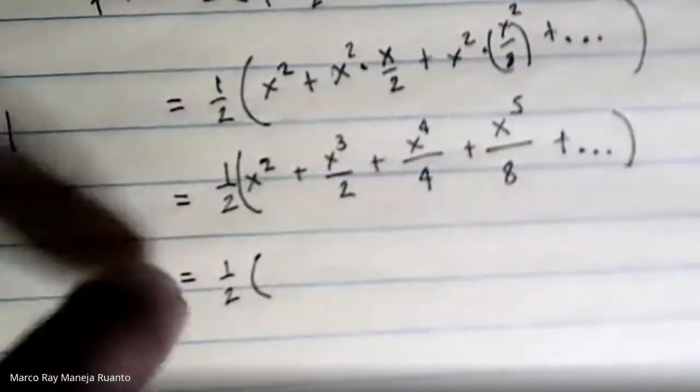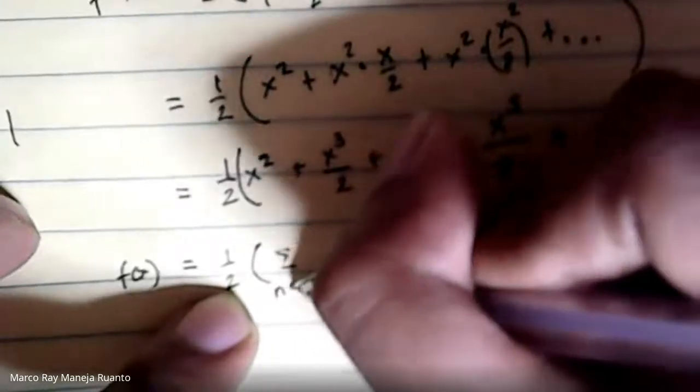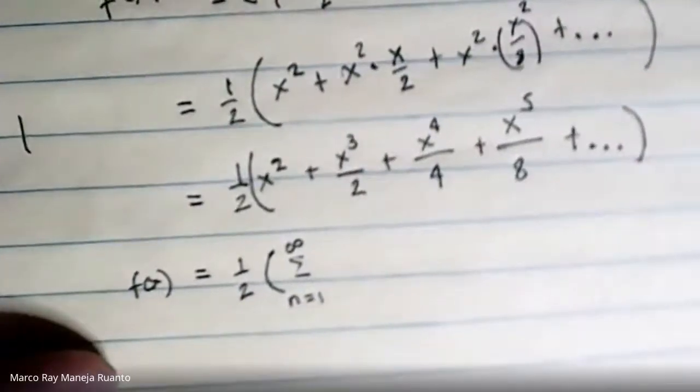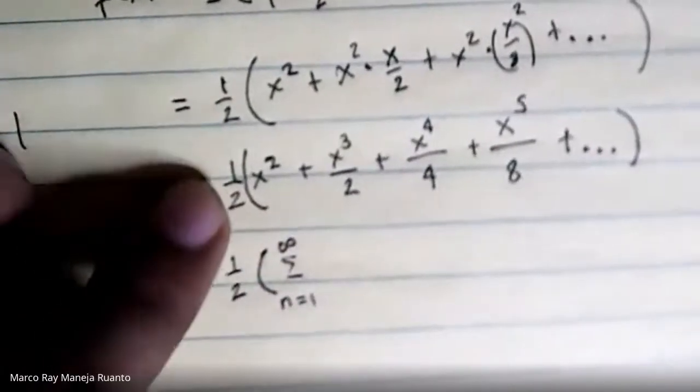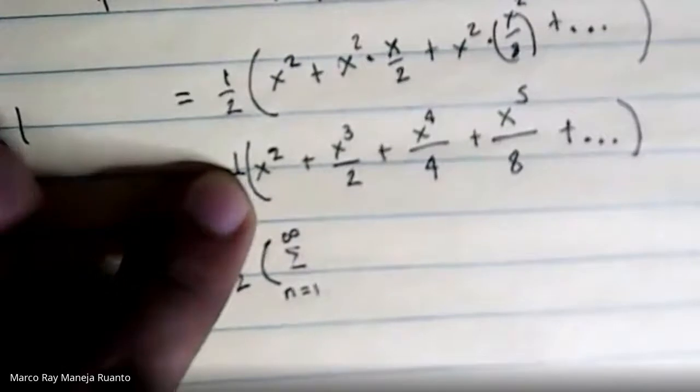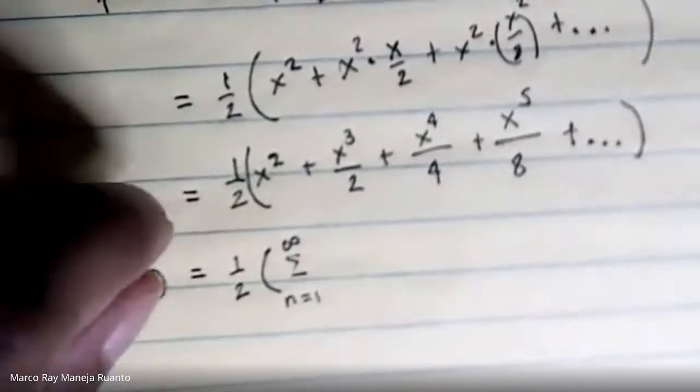So, we can write f of x is equal to 1/2 times, let us say if magsugod ta at summation from n is equal to 1 to infinity. Okay, from 1 to infinity.